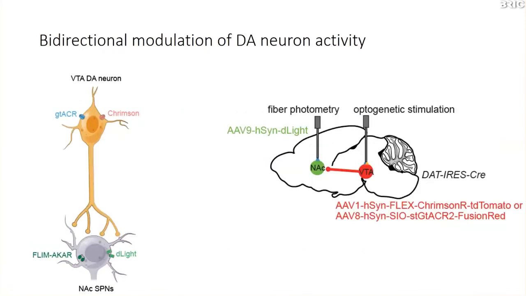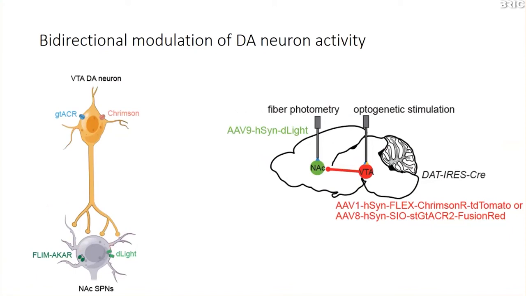Then, to test the sufficiency of dopamine action on PKA activity, we relied on optogenetic manipulation of VTA dopaminergic neurons. To bidirectionally modulate VTA dopaminergic neurons, we either express ChrimsonR, which is an activating opsin, or GtACR2, which is an inactivating opsin, in VTA dopaminergic neurons of DAT-Cre mice.